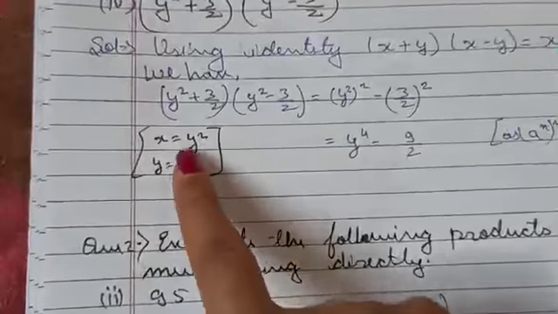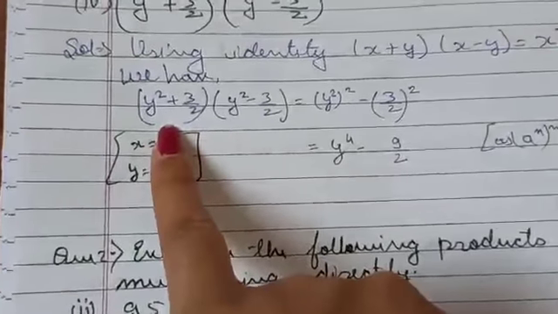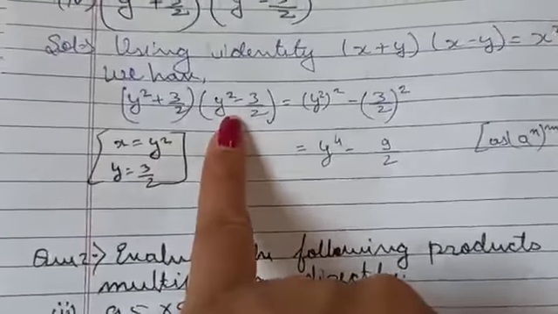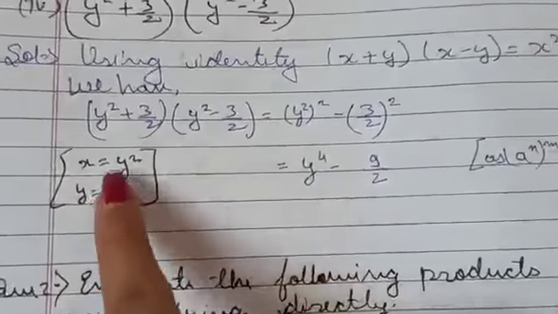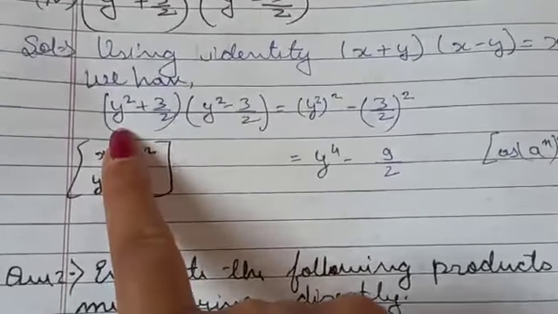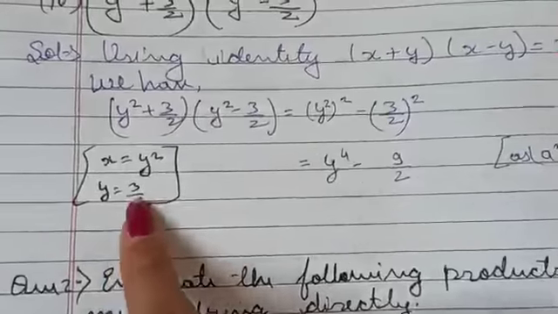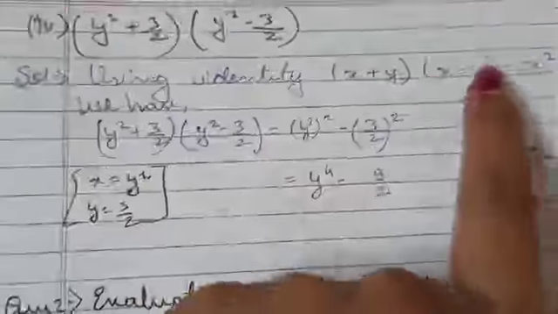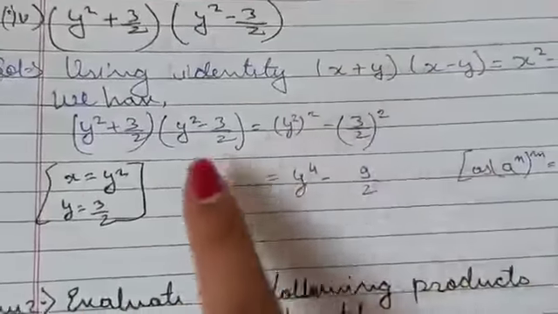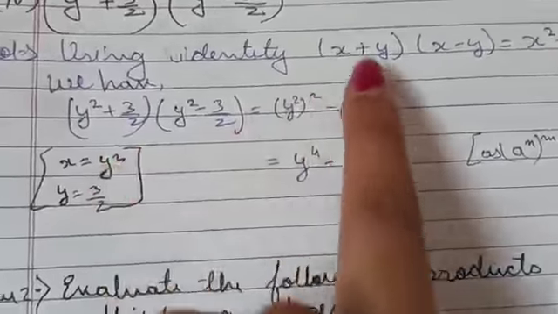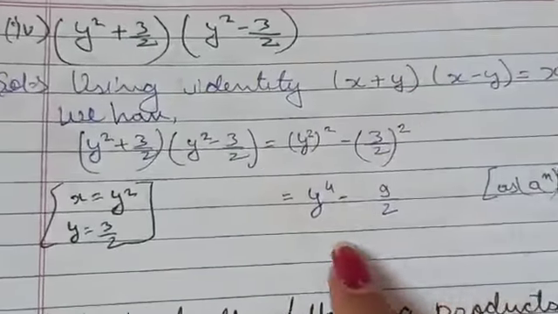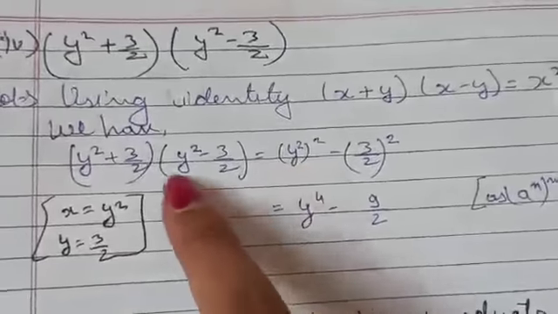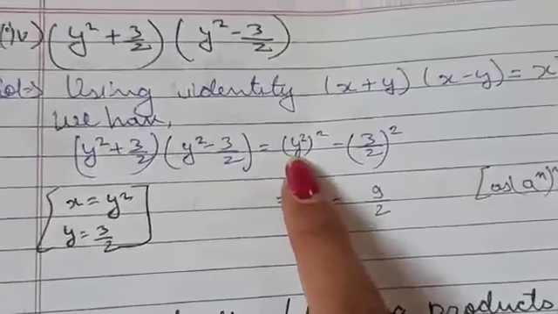Now we have here y square plus 3 by 2 multiplied by y square minus 3 by 2. Here, comparing with the identity, the value of x is y square and the value of y is 3 by 2. So their product will be x square minus y square.